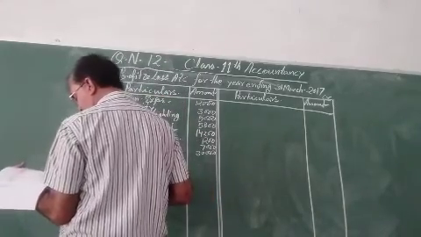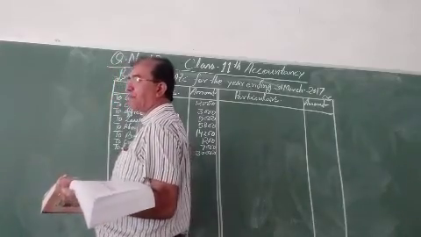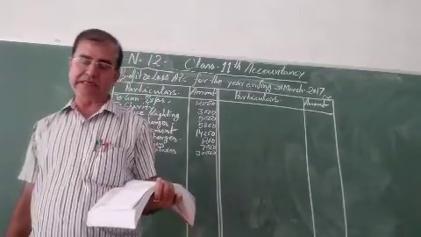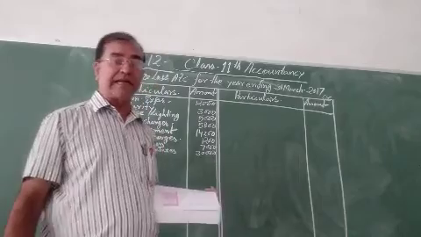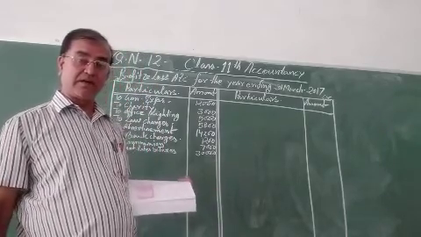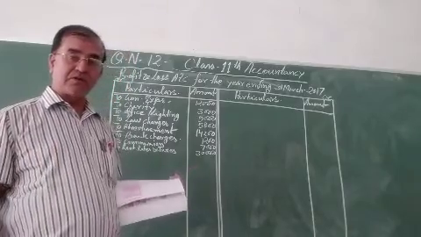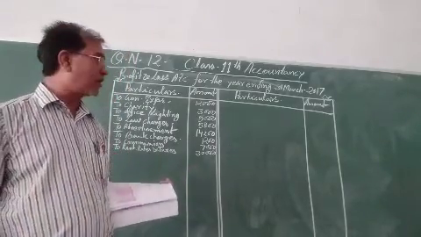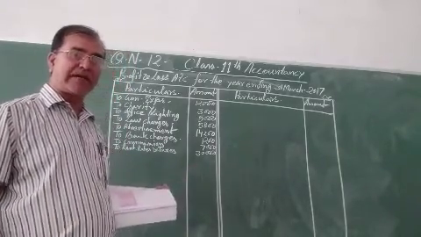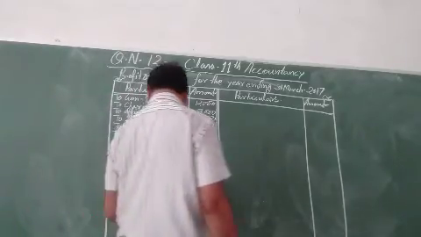So interest on investment, whatever the money invested by the organization, the interest received, this one is the income, so it is recorded in the credit column of the profit and loss account.